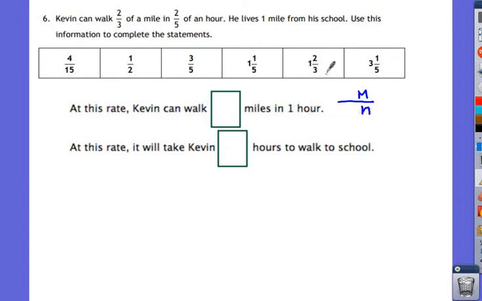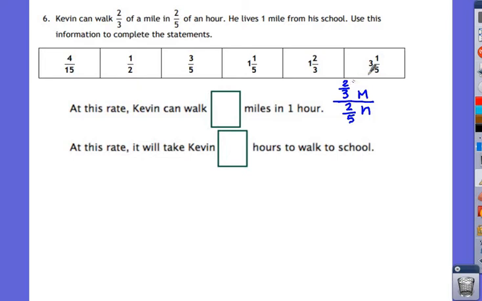And so, how many miles was talked about up here? Well, 2/3 of a mile was talked about. And how much time? 2/5 of an hour. Okay, and again, we don't like seeing fractions and fractions.